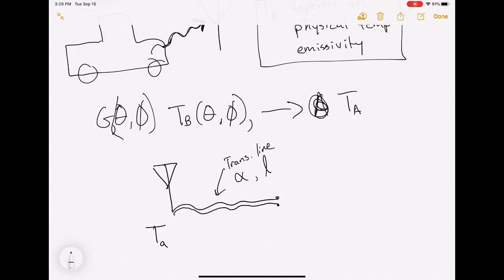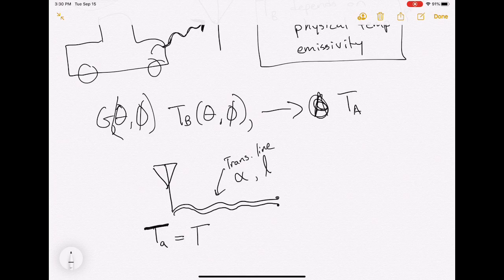Your book uses T(a) for that, even though we use T(A) for the actual noise temperature of the antenna. That's confusing to me, but that's what we got in the book, so I'm going to go with it. So the effective noise temperature of the antenna is what the receiver sees after all the antenna noise properties have propagated through the transmission line.